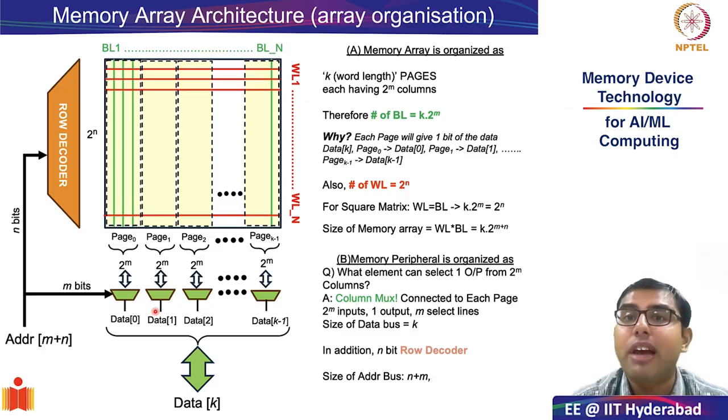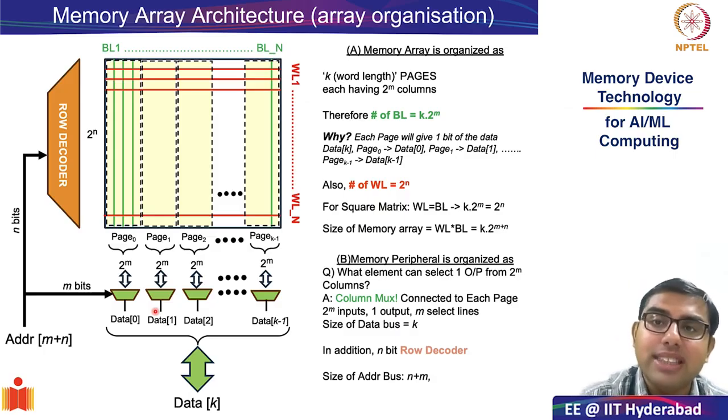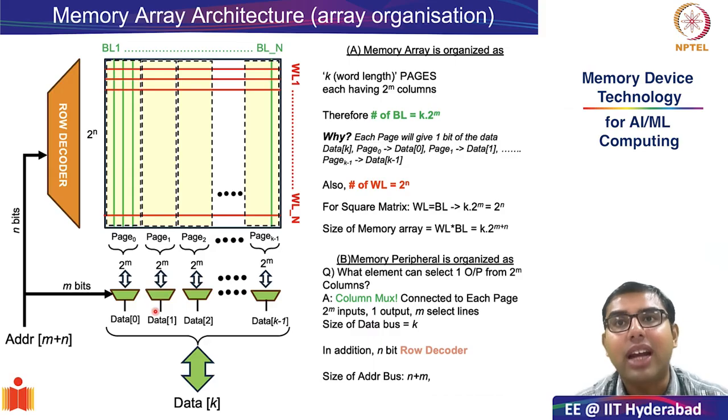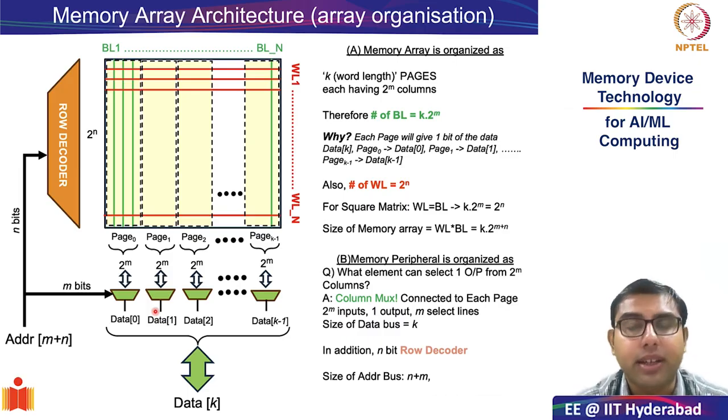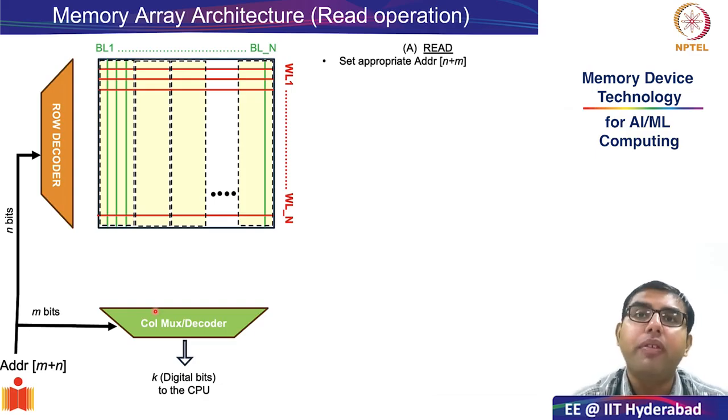Okay, once we have understood both the array organization and the peripheral architecture, let us try to see how simple read and write operations are facilitated in this kind of design. So the first thing we will do is look at the read operation. What is the expectation from the CPU during a read cycle?